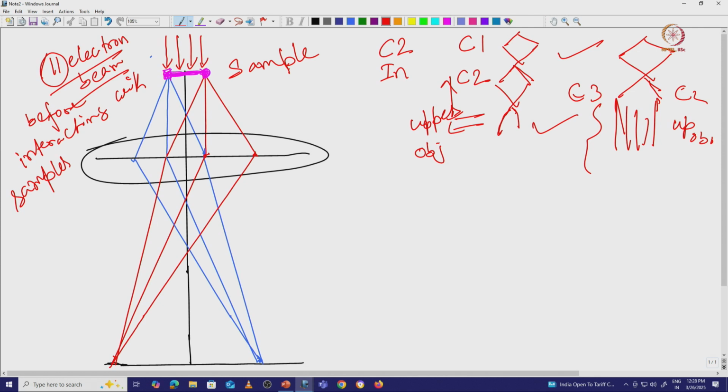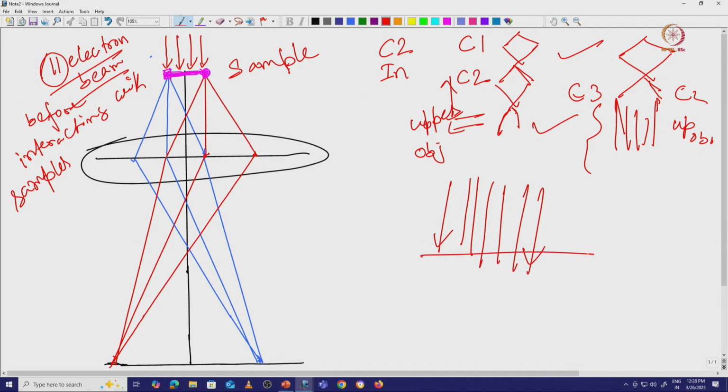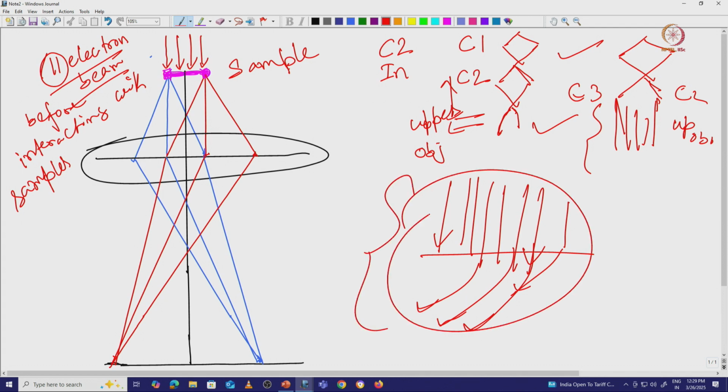We are considering all the electron beams are very coherent and coming as a parallel electron beam before it is interacting with the sample. When it interacts with the sample, then there will be a deviation, and that may be an unscattered electron or scattered electron, elastically scattered, non-elastically scattered. We will bring all of these things into account to calculate the image. But before that, beams will always be parallel.